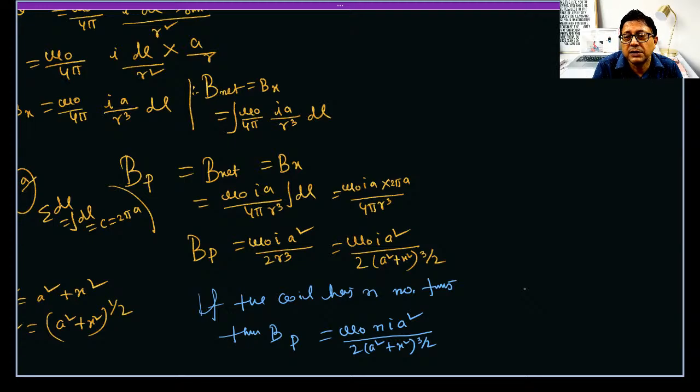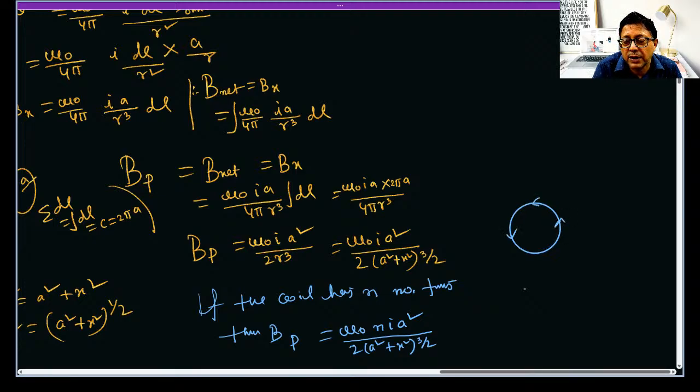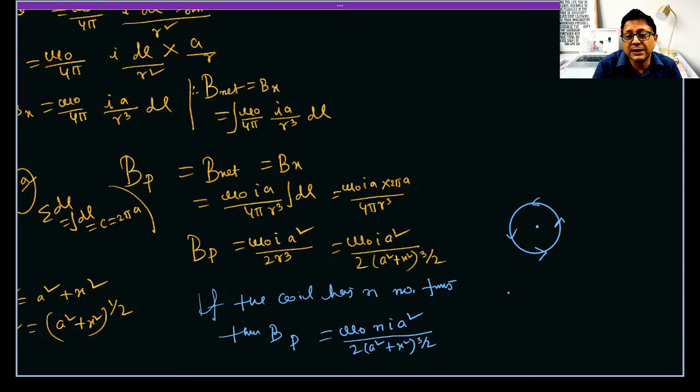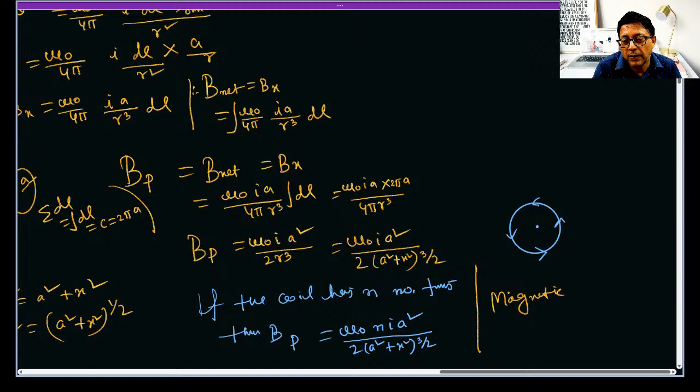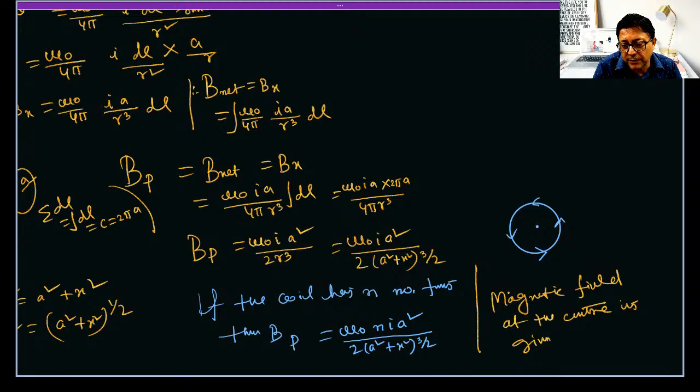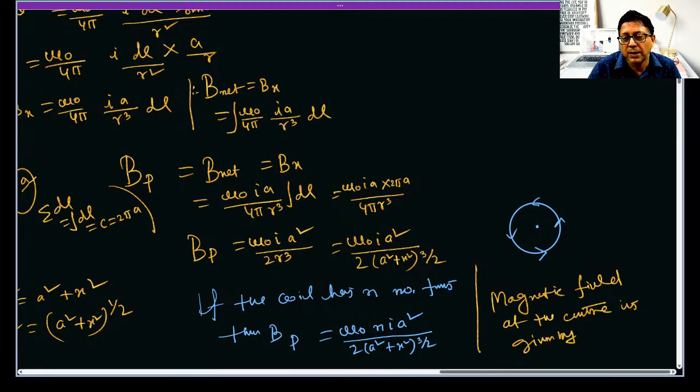At the center, this one sends current this manner. At the center, magnetic field is obtained by putting X equal to 0. No X is there. So magnetic field at center is given by what?